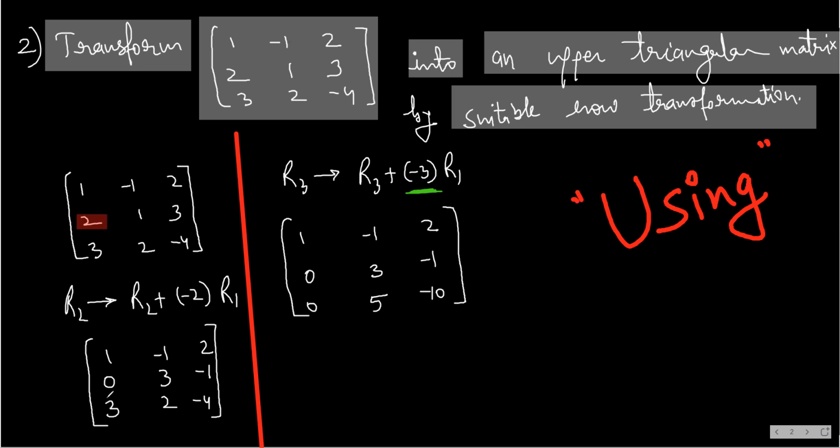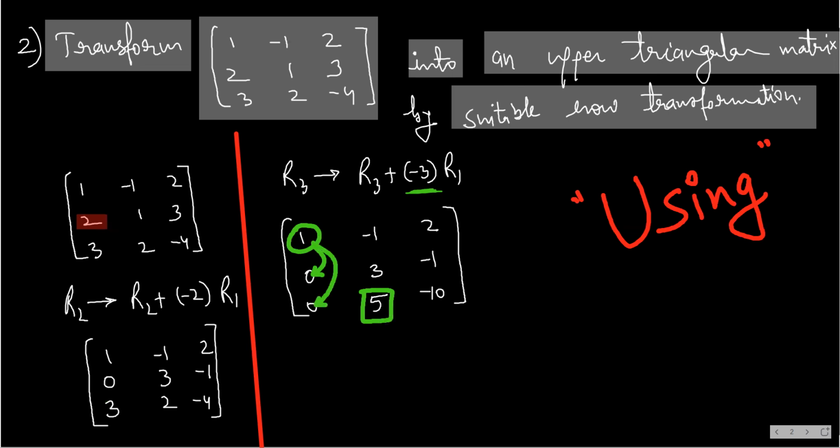Then I got 0 at this place using this 1. I cannot get 0 here using this 1. I cannot. Why? Because this 1 can be used only for corresponding zeros.